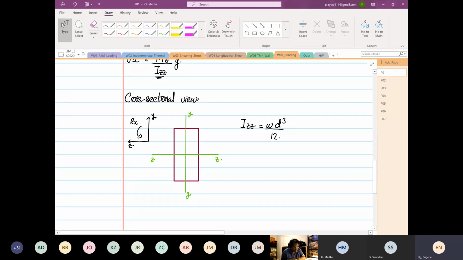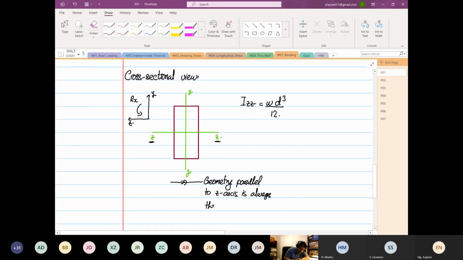For this case we want to find IZZ. Any geometry that is parallel to the Z axis is always the width. So this is always the width.